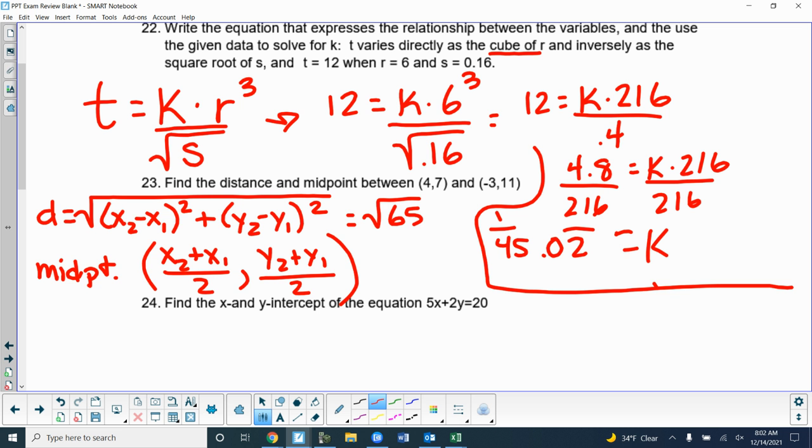And then the midpoint, when you plug your numbers in, was 1/2 for the x and 9 for the y. All right, any questions? Anybody need to see all the work? Are we okay with plugging in?